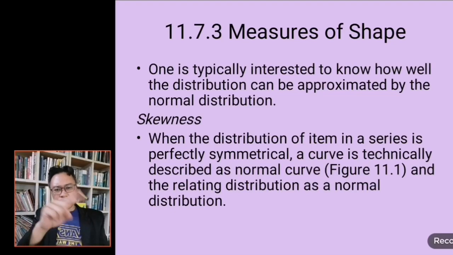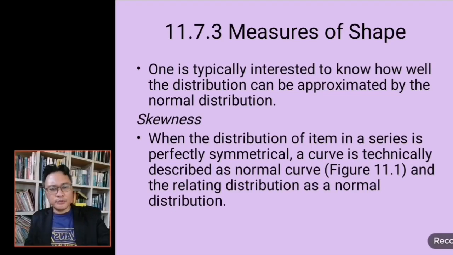Dalam bentuk loceng. Kan loceng macam ni. Lengkungan loceng kan dia cantik, kan? Kalau skew ni dia lengkungan itu dia tidak cantik lah, dia nampak macam lonjong ke kiri, lonjong ke kanan, betul, positively skewed ataupun negatively skewed.